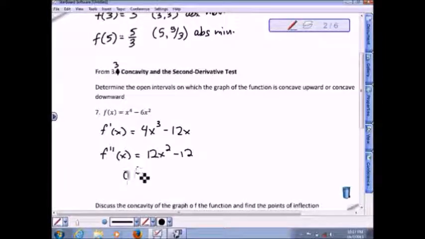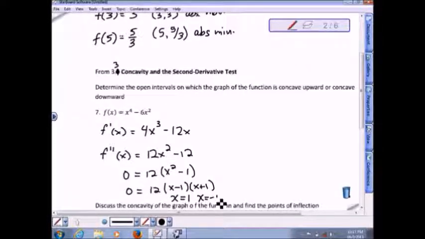That's the second derivative. If we set this equal to 0 and factor out a 12, and then factor using difference of squares, we can see that the two x values that make the second derivative equal to 0, are x equals 1 and x equals -1.